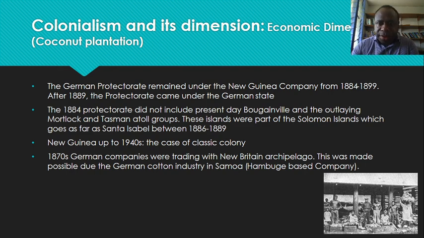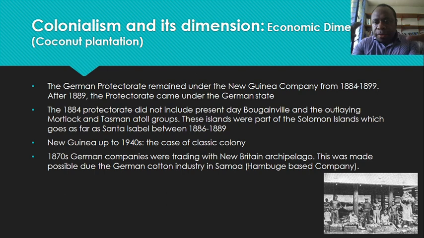What do I mean by classical colony? There is a presence of a trading station, a plantation station, and you can say a structure to that classical colony, where it is built for exploitation, or it is built to export raw materials to the center, which is the Germans.